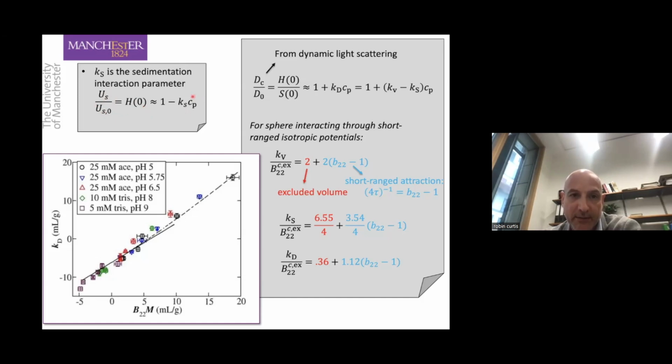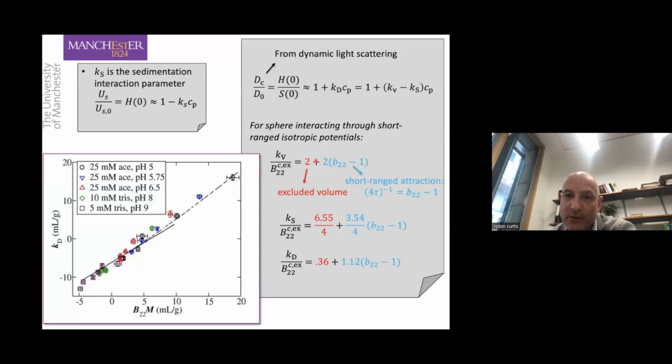At low protein concentrations, you can define the sedimentation interaction parameter, which relates to the two-body hydrodynamic function. Then from the diffusion coefficient as a function of protein concentration, you can determine this interaction parameter kD, and it's related to both a virial term from the structure factor, which is related to the second virial coefficient, and the sedimentation interaction parameter.